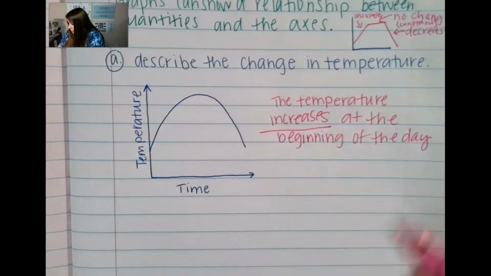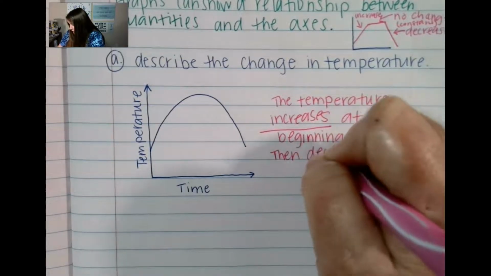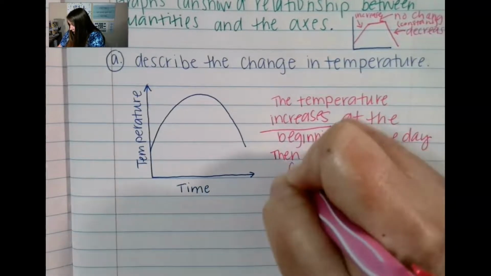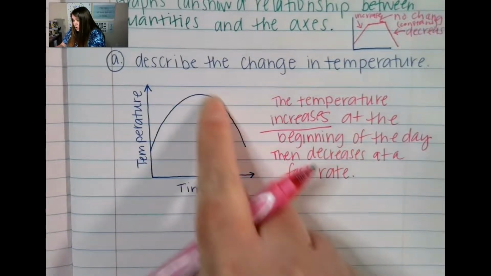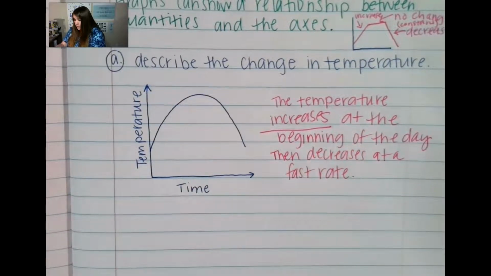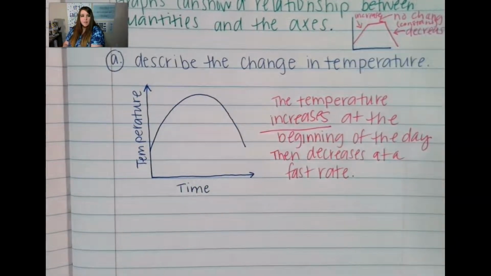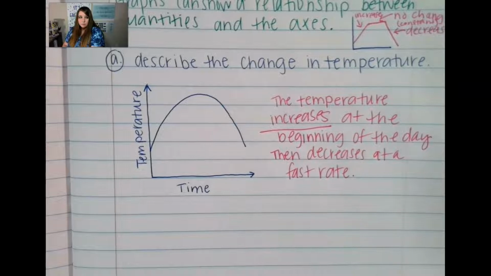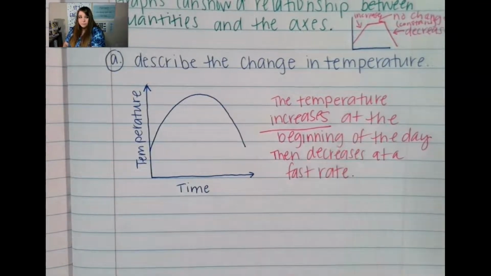So we could say it then decreases at a fast rate. And we know it's a fast rate because it's just dropping straight down. This is a gradual incline and then boom, it just goes straight down. So that means that it's fast. This one's gradually climbing and then a drop. Okay, so you've described the temperature.